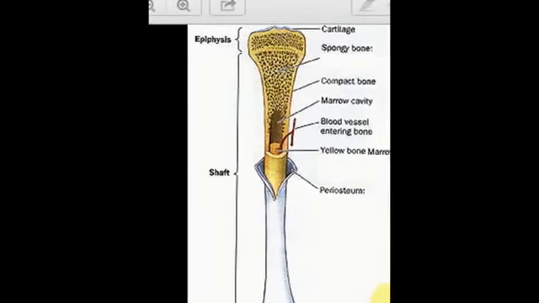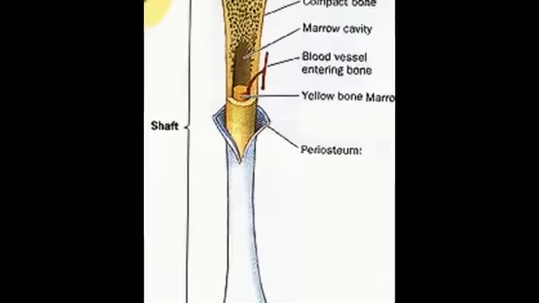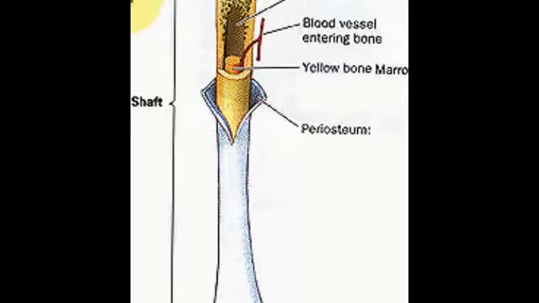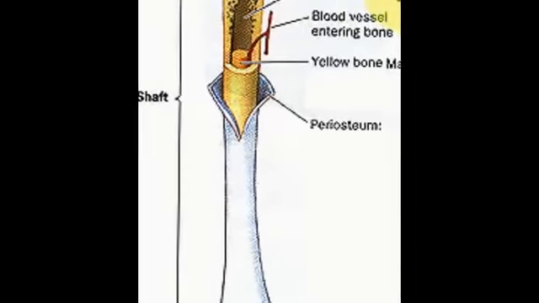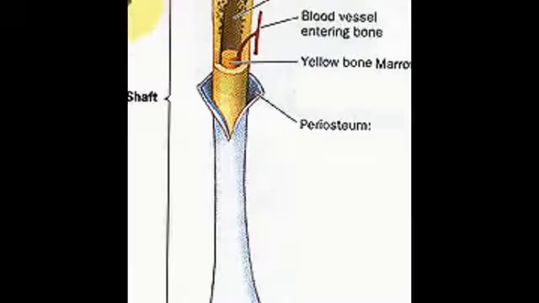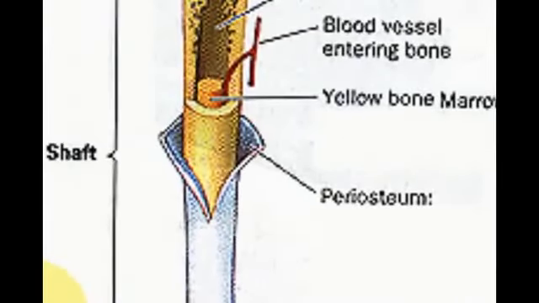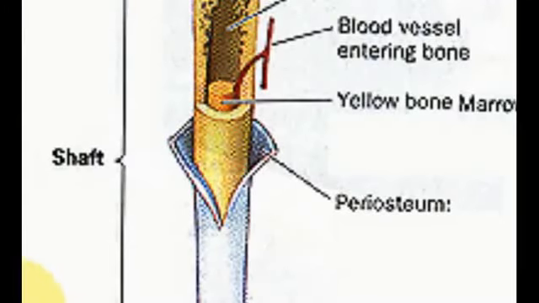Periosteum is again connective tissue which is teeny but full of nerve endings around the bone. And actually you're born like this, an anatomical structure.